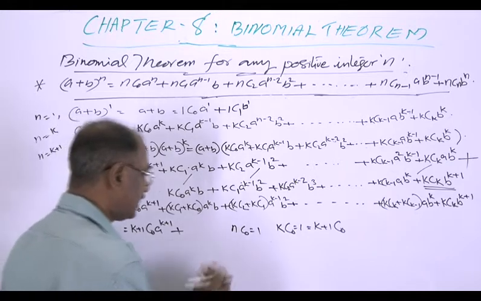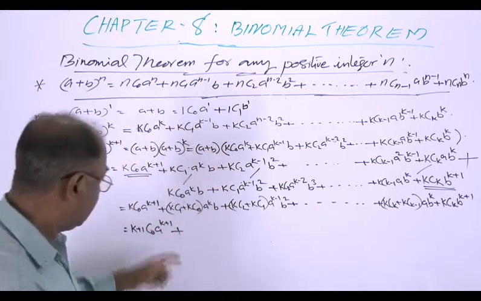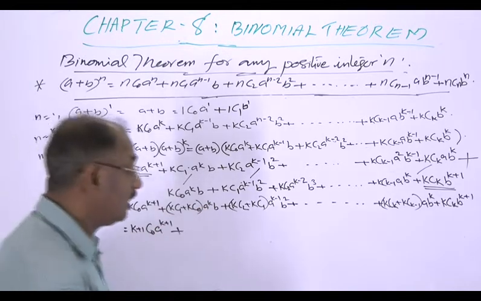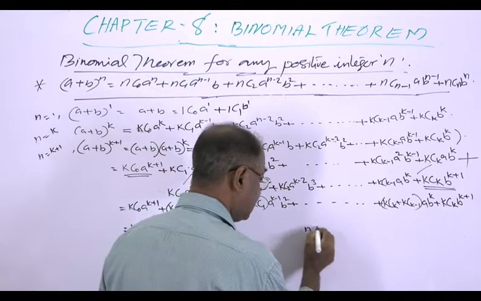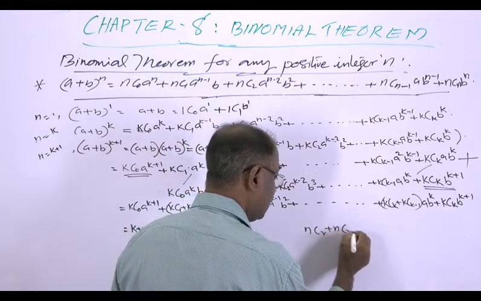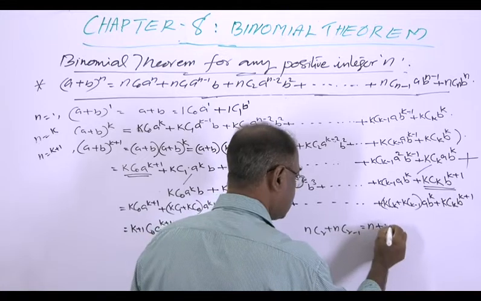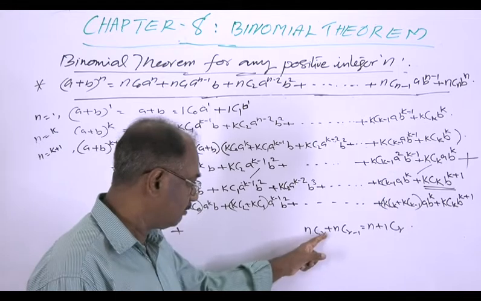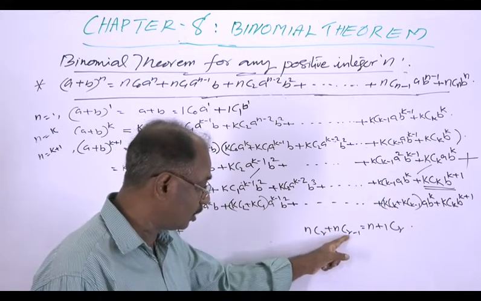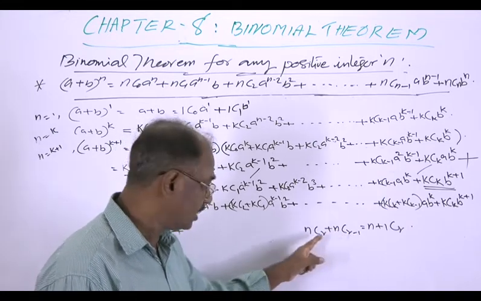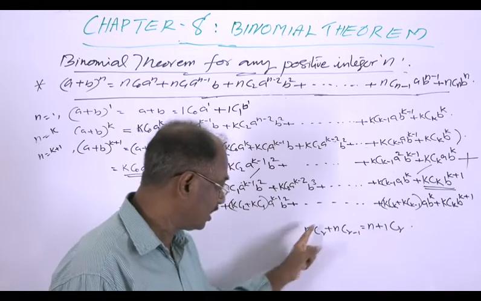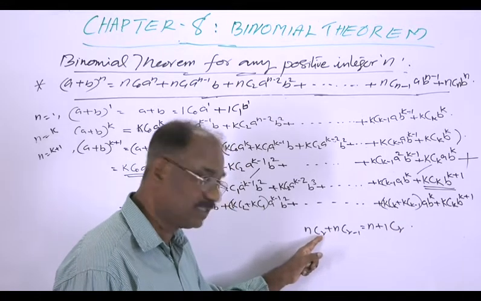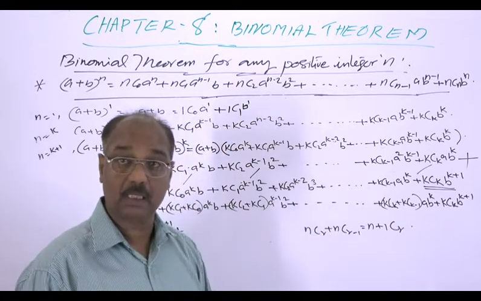the second is kC1 plus kC0 a raised to k b. We have a result, nCr plus nC(r minus 1) is equal to (n plus 1)Cr. So nCr plus the same nC(r minus 1): the suffix of C, r minus 1 here r, with n increased by 1, gives n plus 1 Cr.